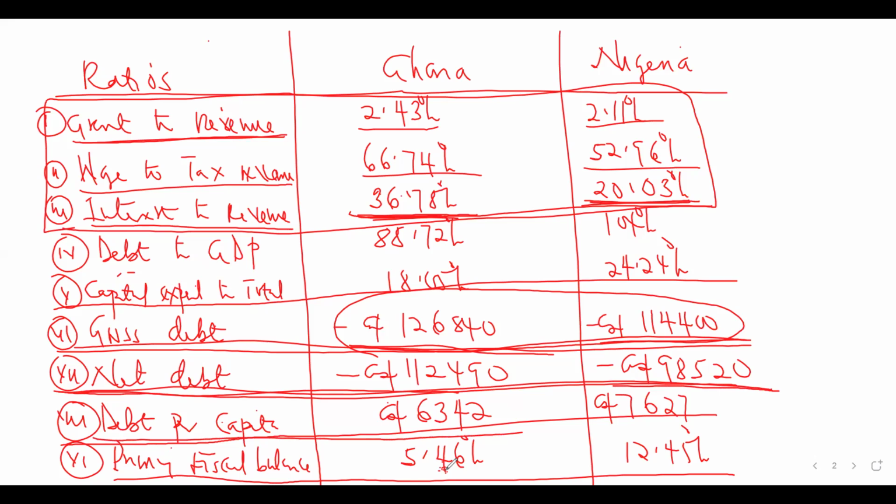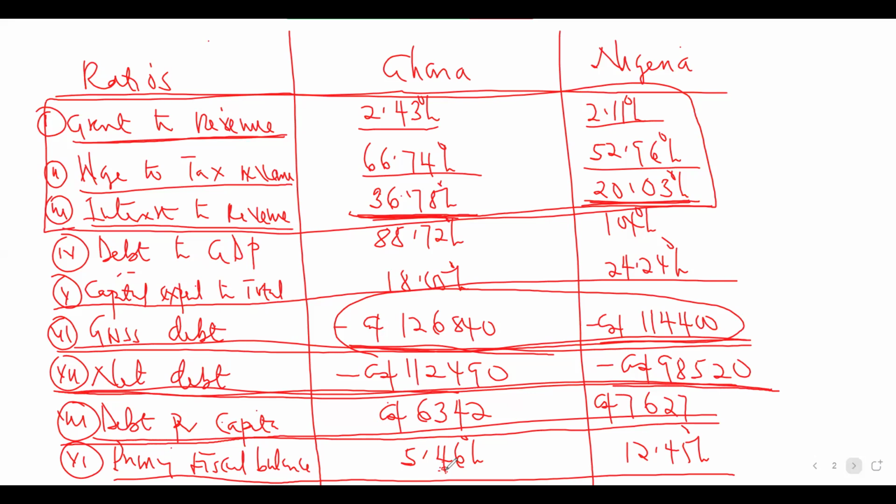Let's count to the debt per capita. Nigeria is presenting a higher debt burden on the citizens than Ghana. Why? Because Ghana's population is higher than Nigeria's population based on this particular question.